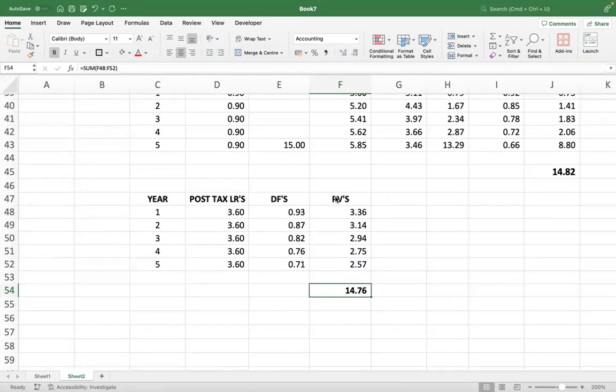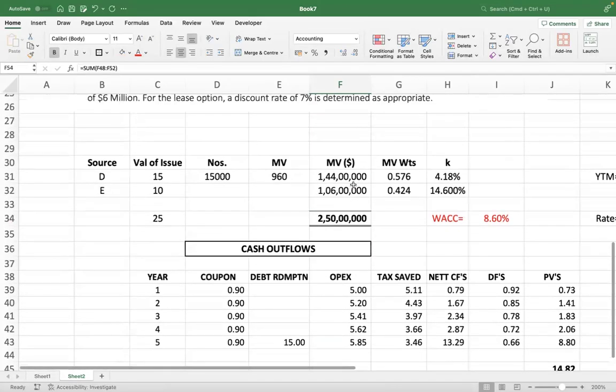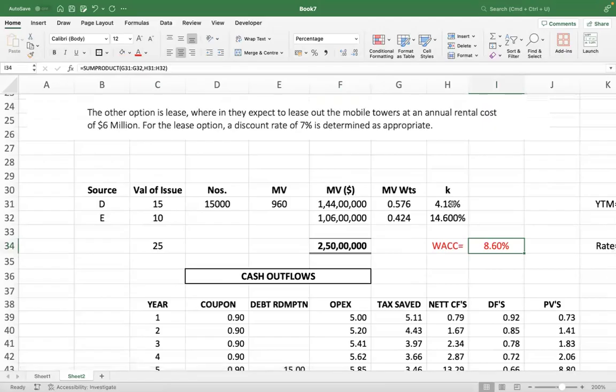But here, if you're not going for construction, you're also saving up on all the logistical and administrative hurdles. So that's another advantage. Now, there is a small catch here. Many theories suggest that yahan WACC mein I have already taken post-tax cost of debt.